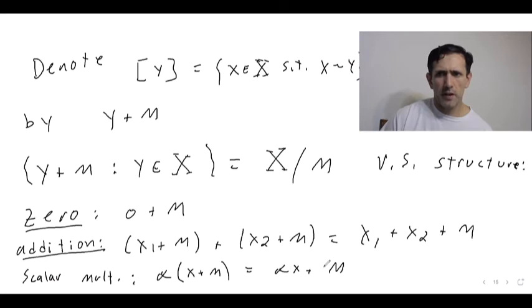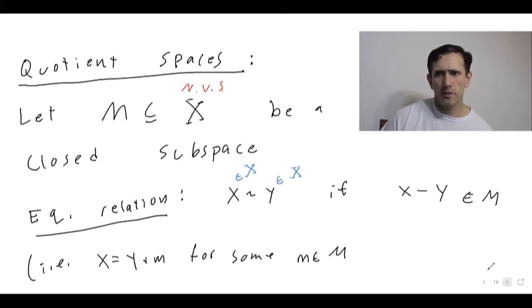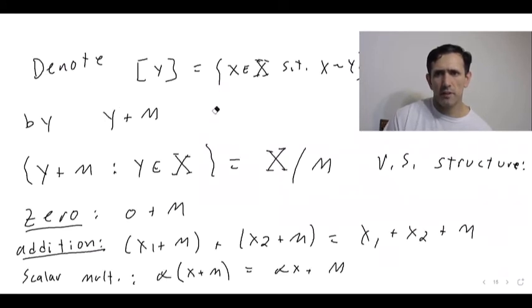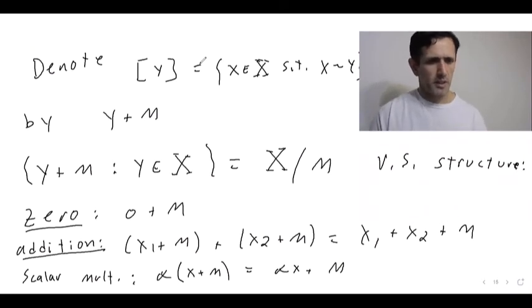You could stick an alpha here. Maybe you'd think it's alpha times everything in M, but M is a subspace, so alpha M as a set is just M.